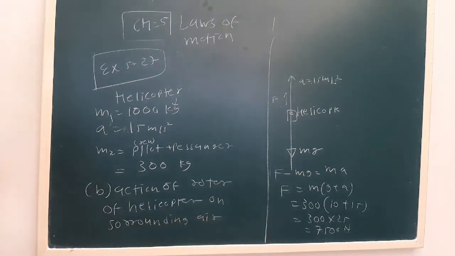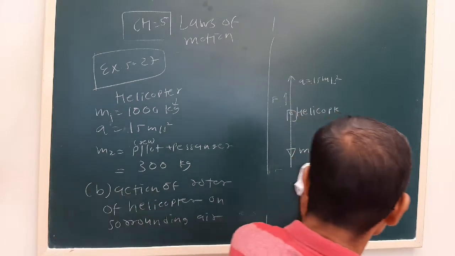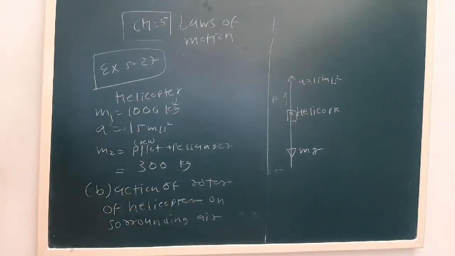Okay, we have to find out action of the rotor of the helicopter on the surrounding air. Now, so even here also we have to use the same free body diagram. Okay, but see how the things will change.